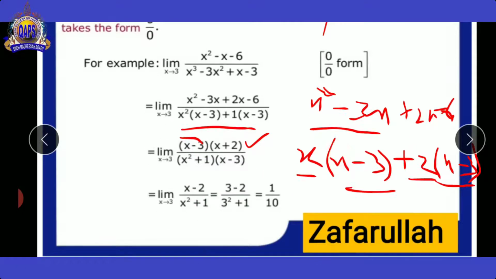Now x minus 3 and x minus 3 will be cancelled, and x plus 2 remains the same, and x square plus 1 remains the same.